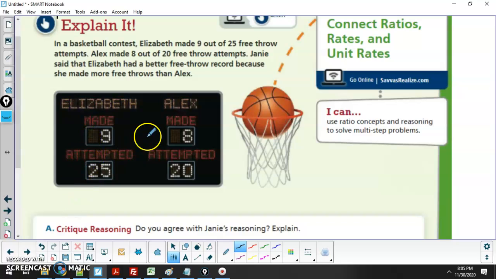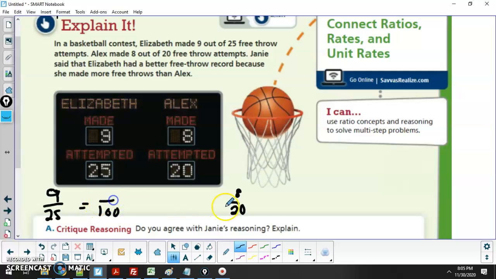You can make them both into decimals, or you can figure out a common denominator that they both could be written as. So 9/25 and 8/20. Does anybody know what denominator we could change both of these into? How about 100?